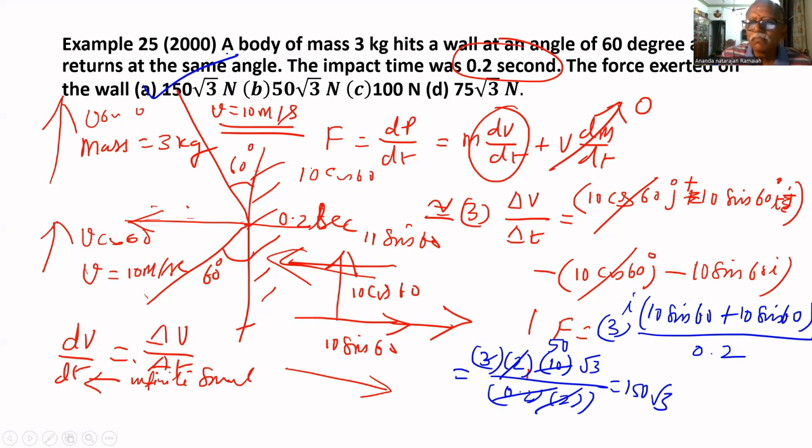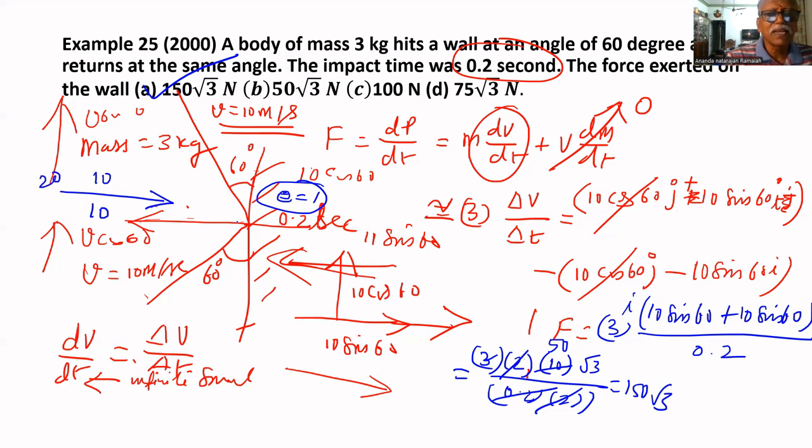Shall I move to the next sum? So here, if you put perpendicular to this, it means 10 and bounce back also 10, because let us assume elasticity E equal to 1. E is not given, that's why we are assuming E equal to 1. That's why it is written back at the same velocity: 10 minus of minus 10, 20 you will get.